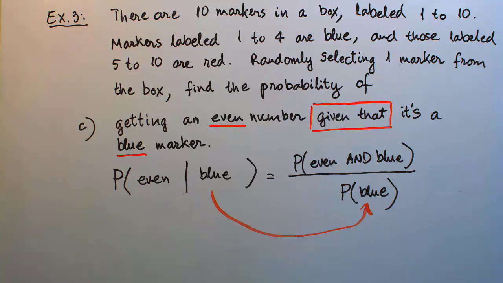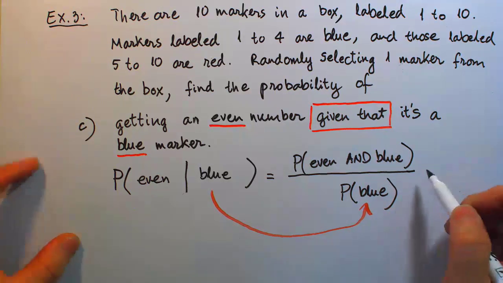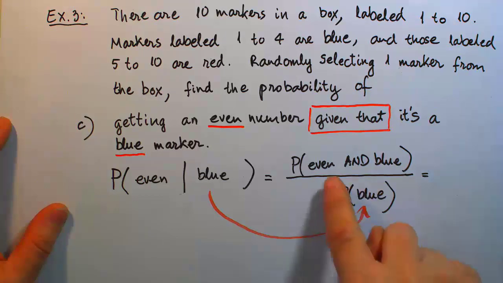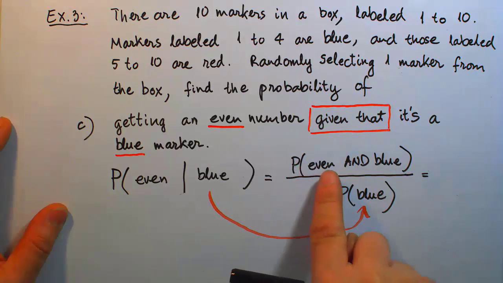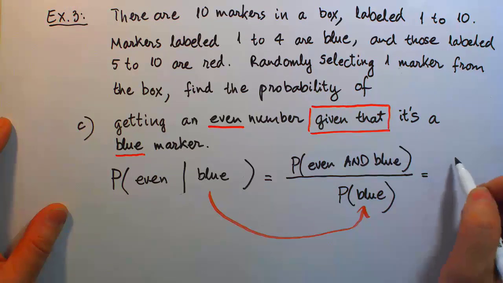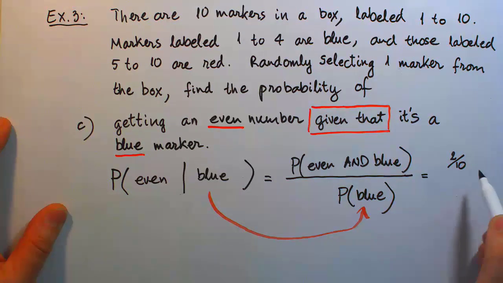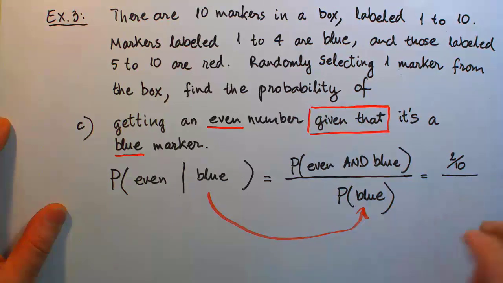Continuing with the work here, the probability of being even and blue is nothing but the answer we had from question A, 2 out of 10. That is being divided by the probability of being blue: there are 4 blues, so counting through the whole sample space it's 4 out of 10.